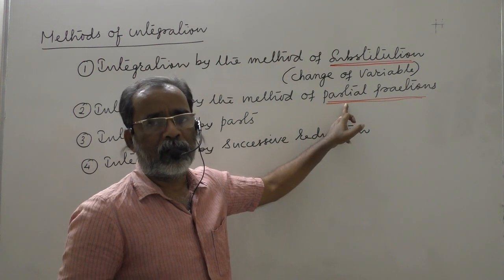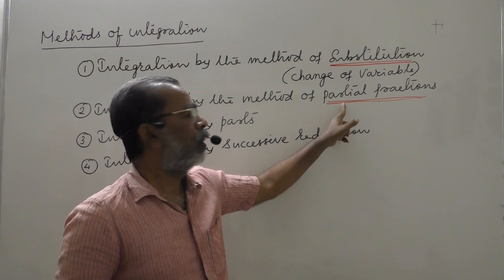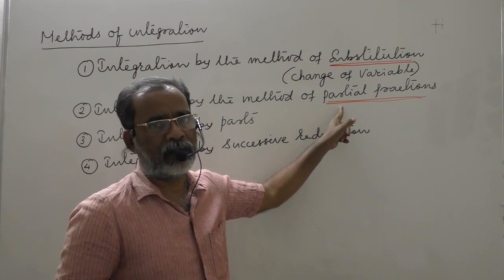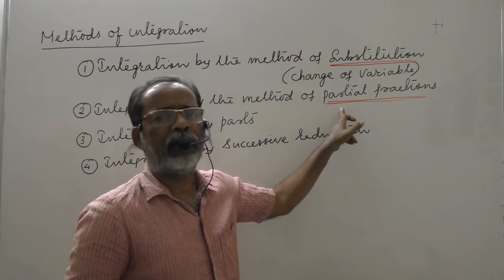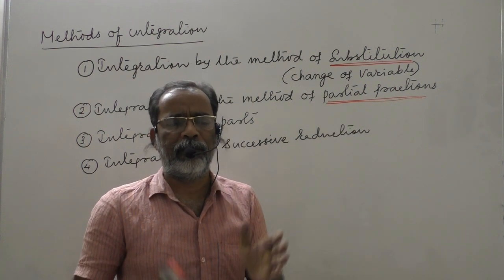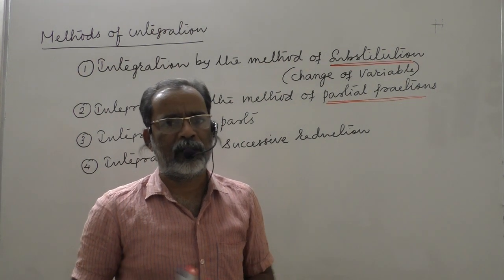If you want to understand integration by the method of partial fractions, you should be aware of partial fractions. Meanwhile, you complete this concept. It is a very small chapter. There are only 5 types: if a fraction is given, how to split it into partial fractions.